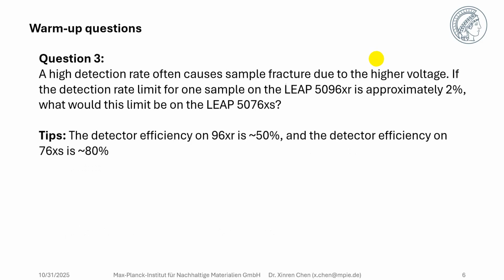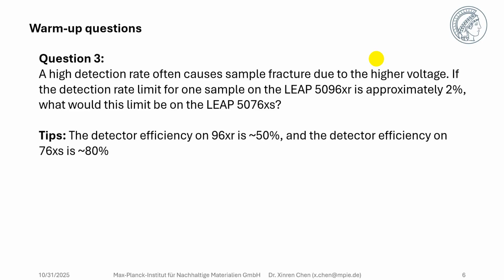And then the third question. During APT, we know that if we use a higher detection rate, it might cause the fracture of your sample. For example, in the 96, if the detection rate reaches 2%, your sample will fracture because the voltage is too high.